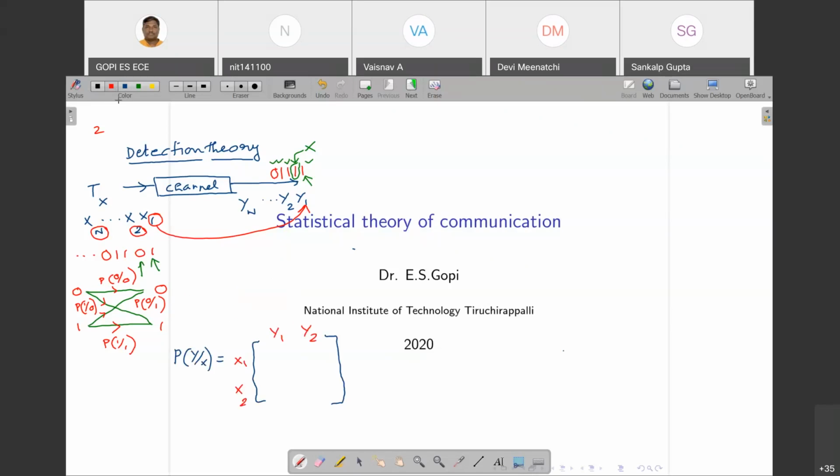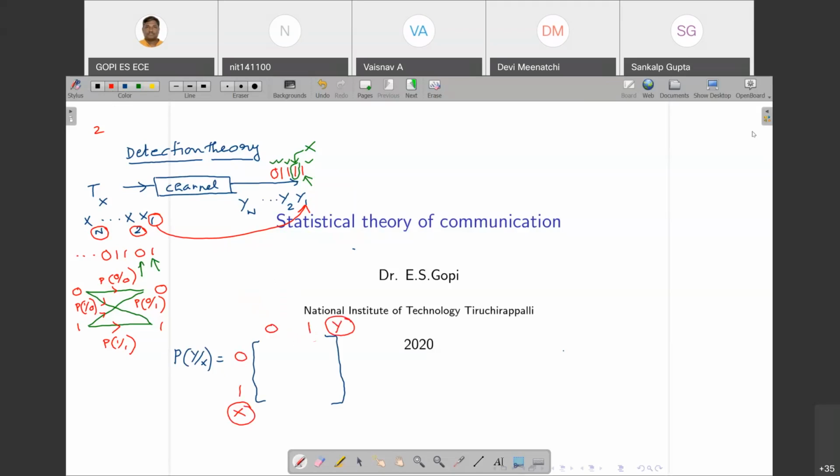Remember that you should not get confused. Here x1, x2 are all symbols. It's better that I use the symbols themselves so that you will not get confused, so let me use 0 and 1 here instead of x1, x2.